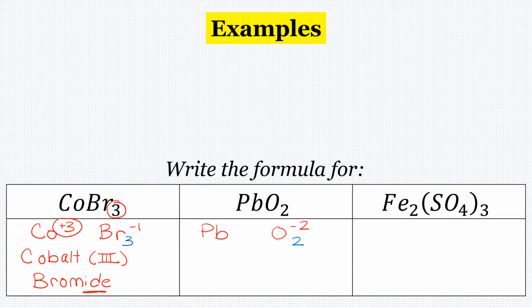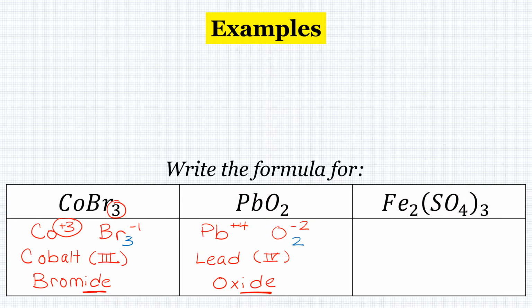We need this to be a +4 to cancel that out. So this is going to be lead(IV), there's that tricky Roman numeral number 4, oxide. There's that ending that we change because it is a monatomic anion.